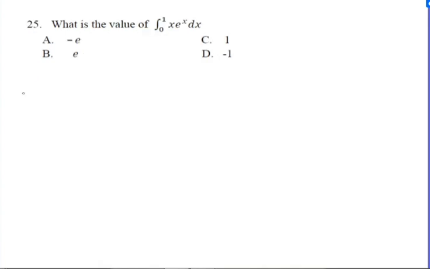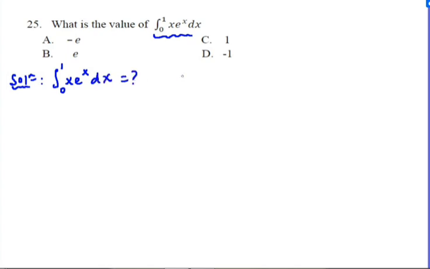What is the value of the definite integral of x times e to the power of x? Here we do have a definite integral which can be solved by one of the techniques of integration. So this integral requires the technique of integration by parts. So the integral from 0 up to 1 of x e to the power of x dx is how much?